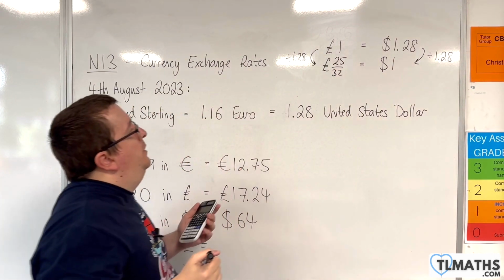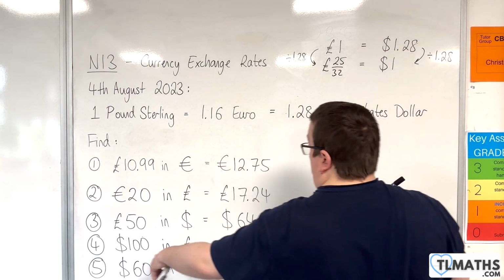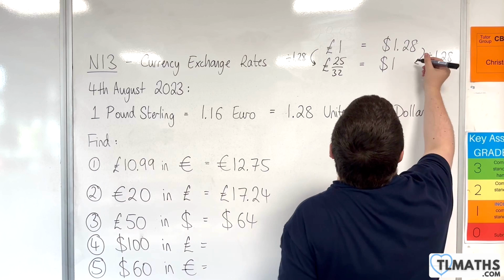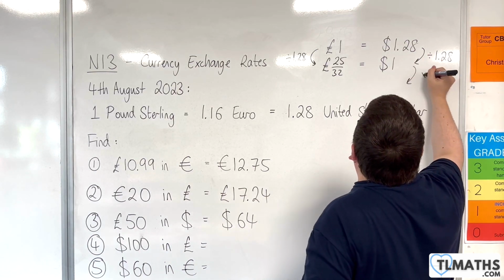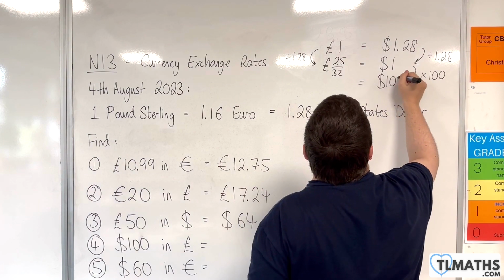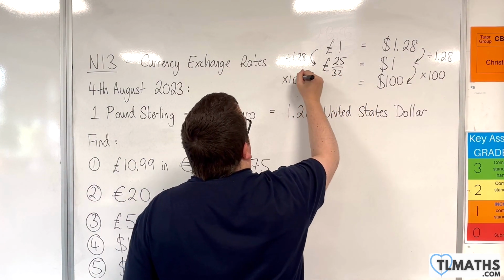But I need $100. So I need to multiply the right-hand side by 100 to get the $100, so I need to multiply the left-hand side by 100.